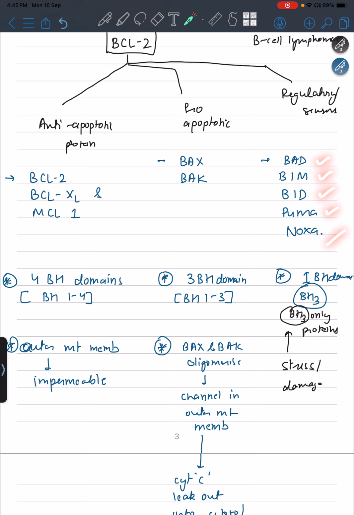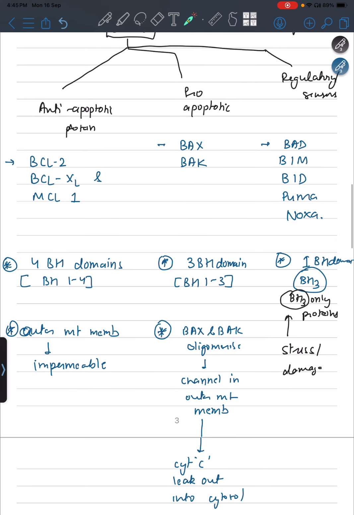Now these anti-apoptotic proteins contain 4 BH domains, that means they have all the BH domains from 1 to 4, whereas the pro-apoptotic proteins have only 3 BH domains, from BH1 to 3, and the regulator or sensor molecules have a single BH domain only, and that is the BH3 domain, and hence these proteins are called BH3 only proteins.